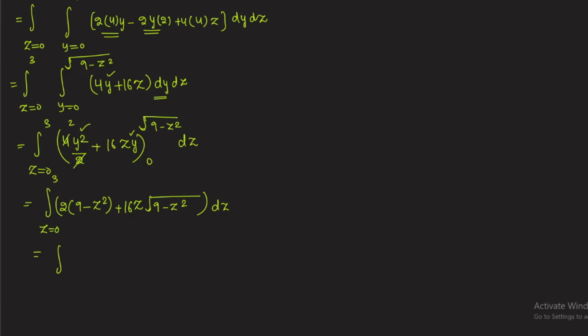Now distributing the integration limit z equal to 0 to 3, 2 nines are 18 minus 2z square dz plus 16 integration z equal to 0 to 3 z root over 9 minus z square dz.